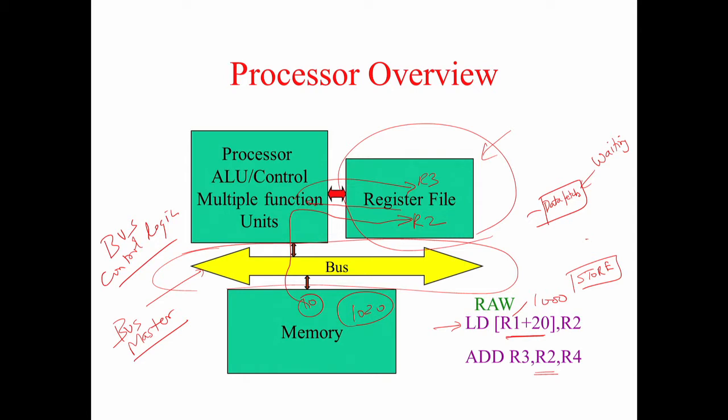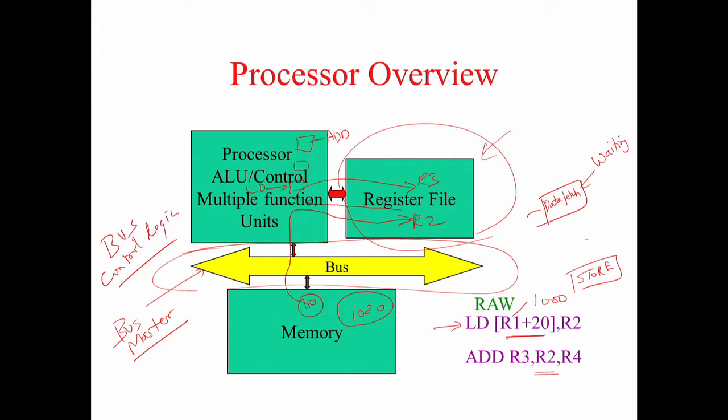How it is going to wait we will see, but the hardware will make it wait in the data fetch stage. While load is in the store result stage, the add will be waiting in the data fetch stage, correct. Now, where is the data fetch stage? Inside the CPU, right, the pipeline is inside the CPU. So, somewhere load is here while add is waiting here.